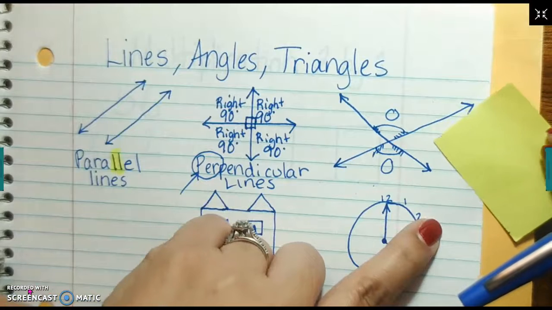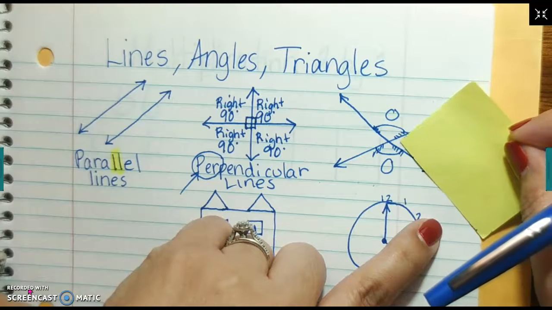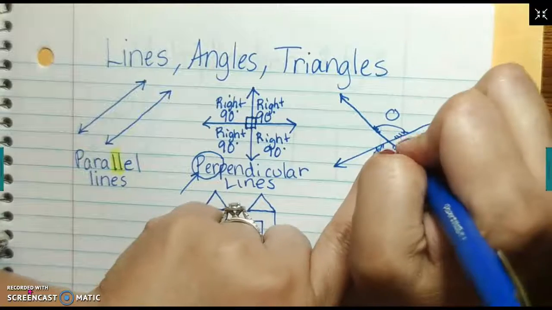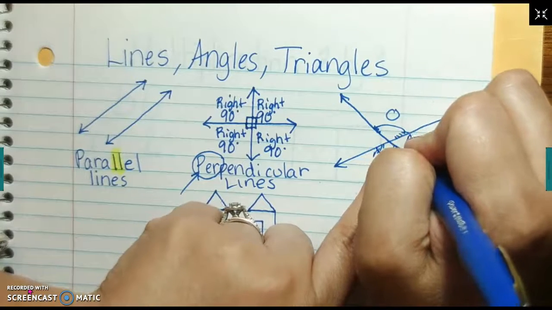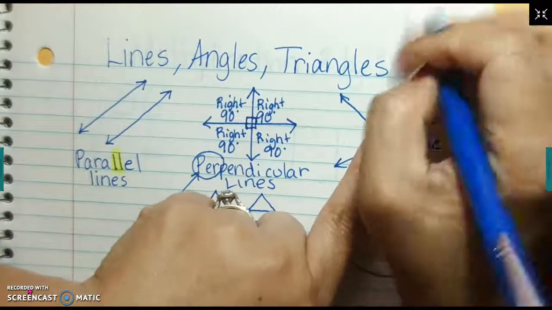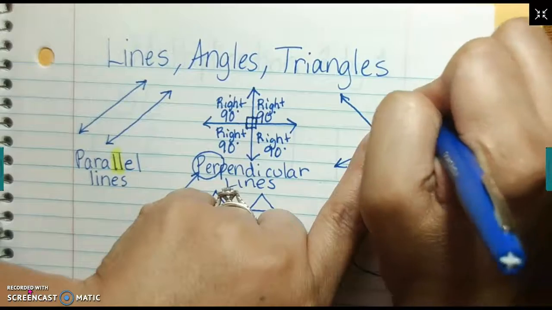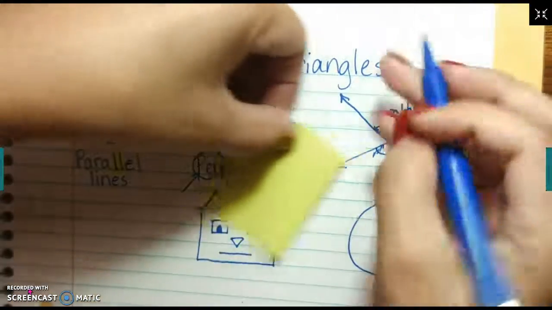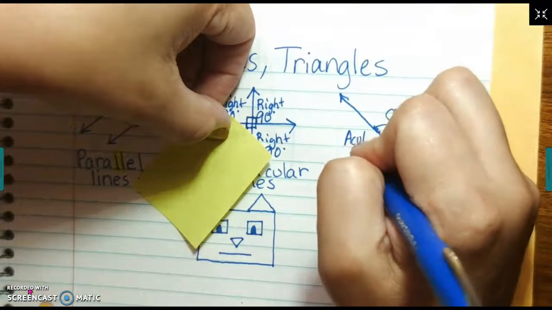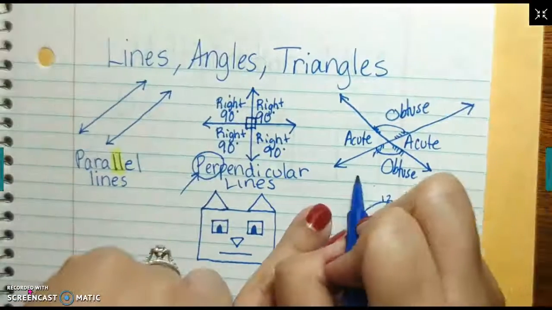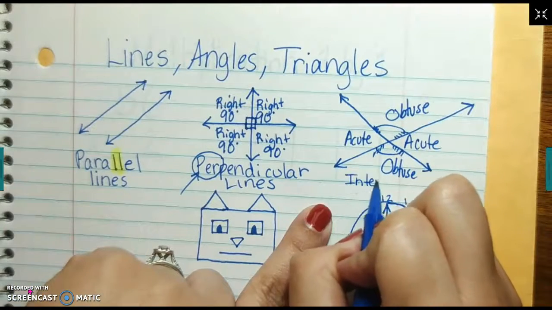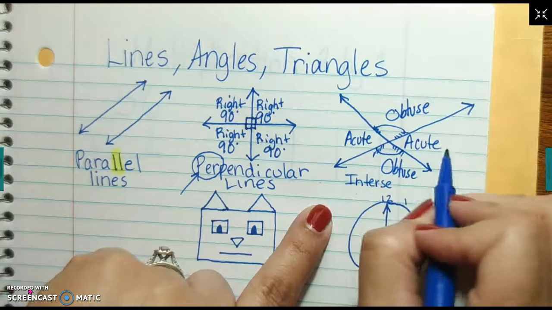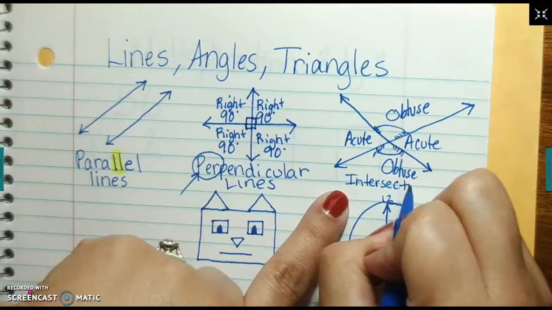The entire angle gets covered, and so that's my clue that it's an acute angle. I guess I should write the whole word. Obtuse. And it also forms another acute on this side. So intersecting lines will always form two obtuse angles and two acute angles.